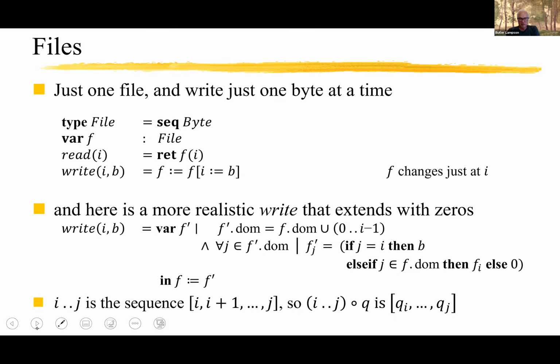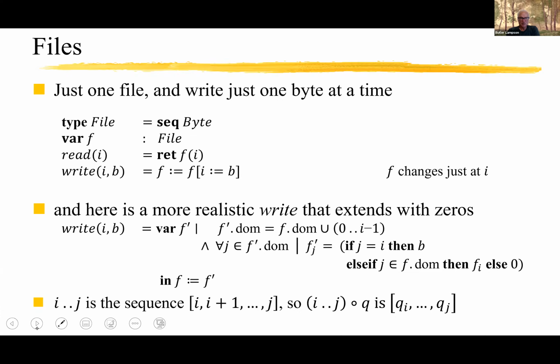f' sub j is going to be, if j equals i, then b. That's the byte that we're writing. Otherwise, if j is in the domain of f, then it's going to be f sub j, and otherwise it's going to be 0. So this is extending with 0 if you write beyond the current end of the file.